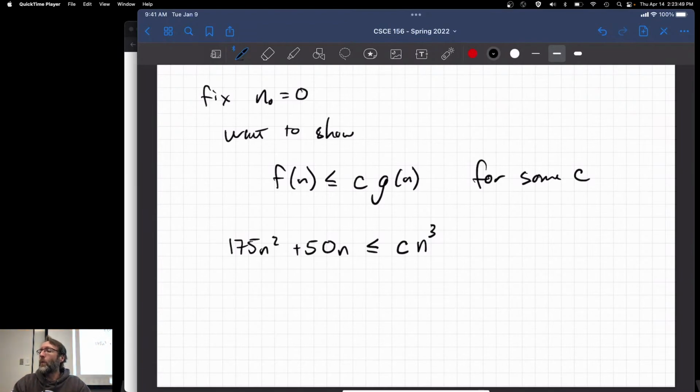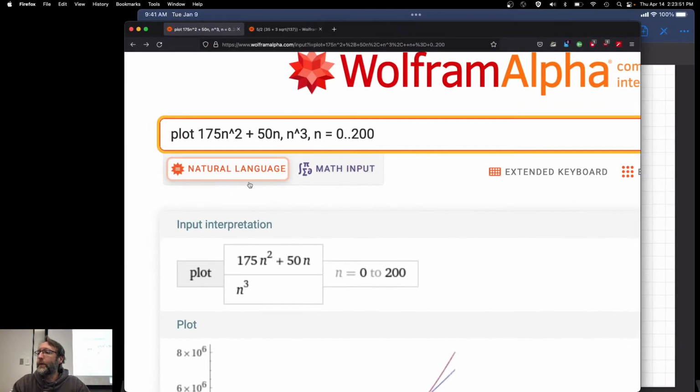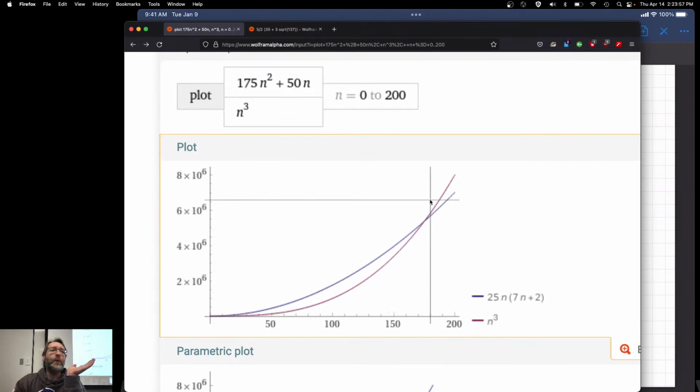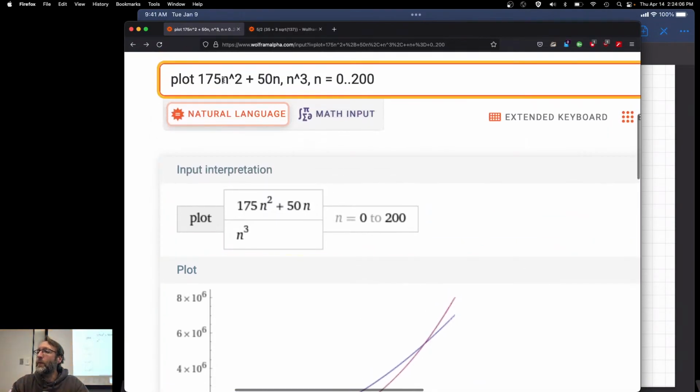Now, what does that look like graphically? I want to take this red one and multiply it by some value c so that it gets bigger and bigger. Let me try it with, say, C. What if C were 1?